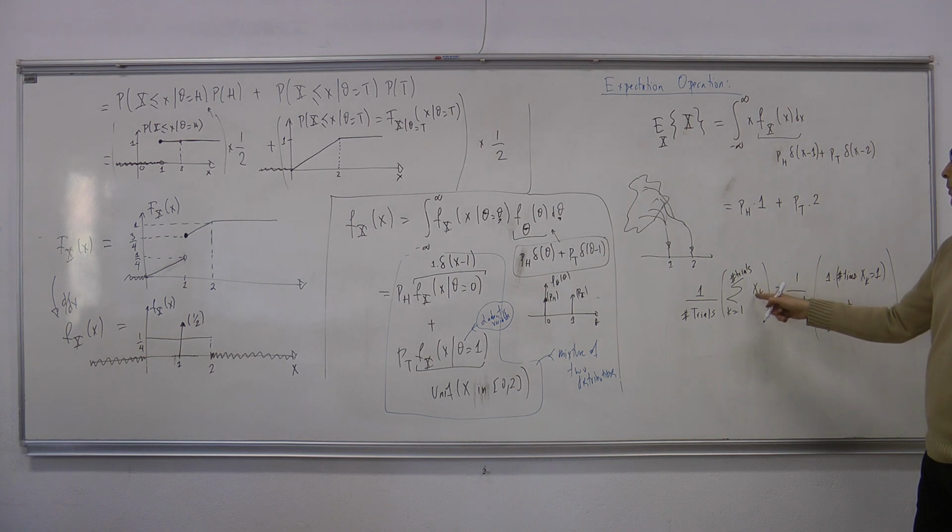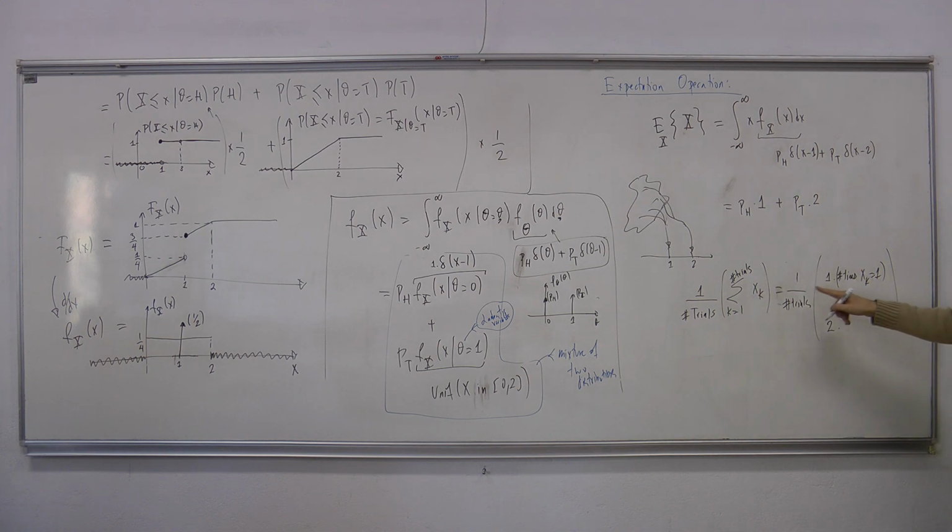So I have maybe 50 1s and 50 2s. Now if I move this 1 over the number of trials over here and over here, then what do I get?